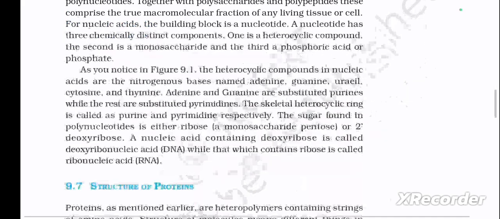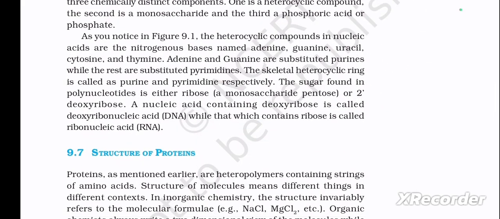As you notice in figure 9.1, the heterocyclic compounds in nucleic acids are the nitrogenous bases named adenine, guanine, uracil, cytosine and thymine. Adenine and guanine are substituted purines while the rest are substituted pyrimidines. The skeletal heterocyclic ring is called purine and pyrimidine respectively.